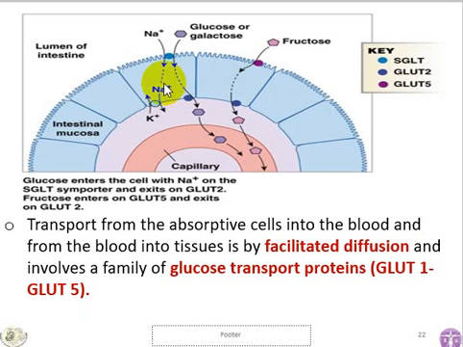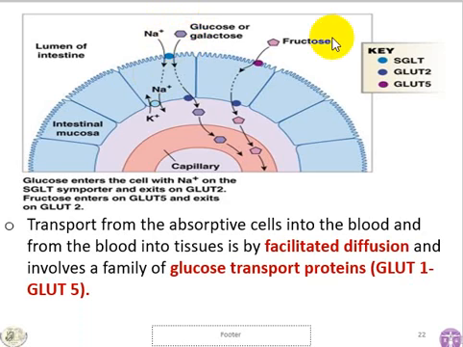Therefore, the sodium concentration inside the intestinal mucosa will drop and become less than its concentration in the intestinal lumen. Because of this, the sodium in the intestinal lumen will enter the intestinal mucosa. With the entrance of the sodium to the intestinal mucosa, one molecule of glucose or galactose enters with it.